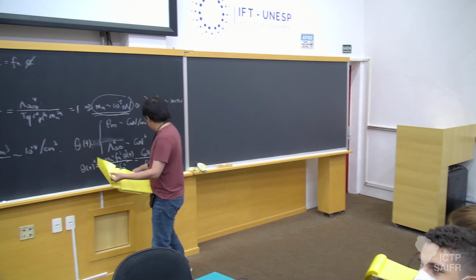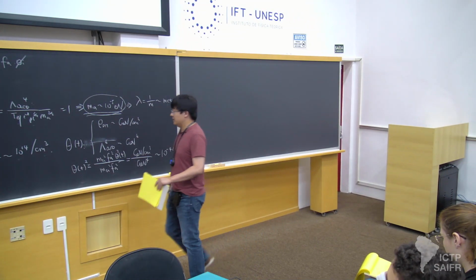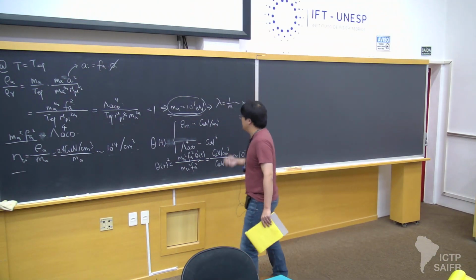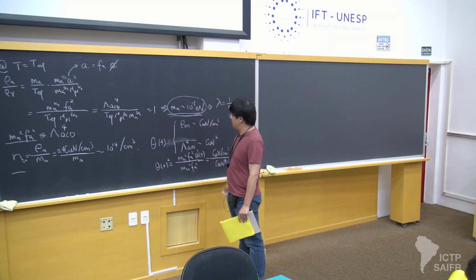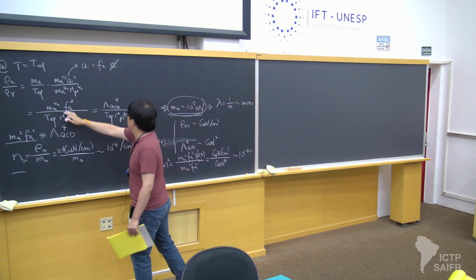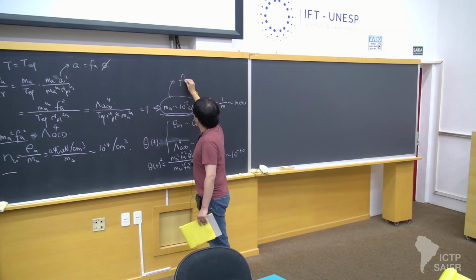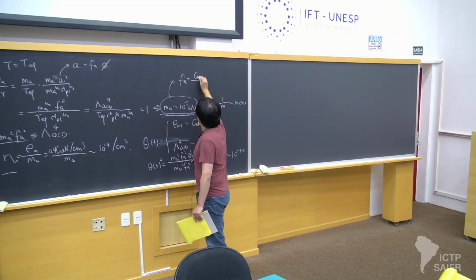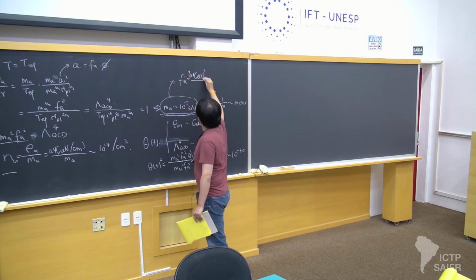So to show that, there's one last number I want to compute. Here I have m_a, which is 10^-5 eV. I know m_a times f_a is of order Lambda_QCD squared. So you can ask, what is f_a? This is roughly a GeV squared. Actually, it's more like 0.1 GeV squared over 10^-5 eV.